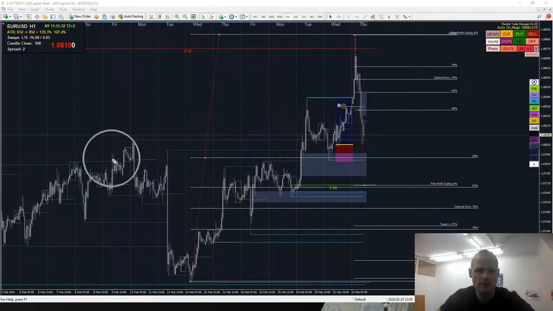Always use the rule: never buy high, never sell low, right? It will protect you from taking a trade in here. Always measure the 50% of the previous swings, right? You should have the fib on every swing, right?